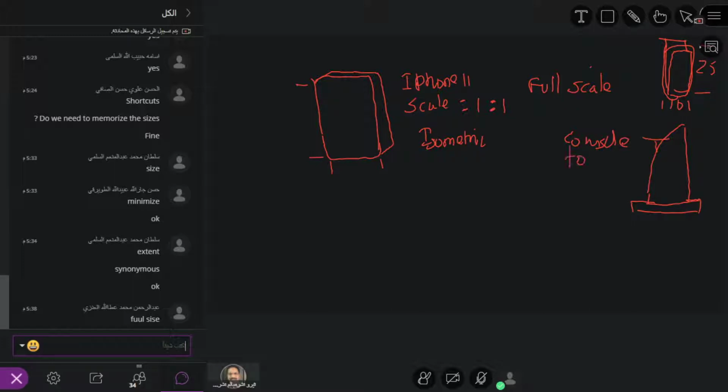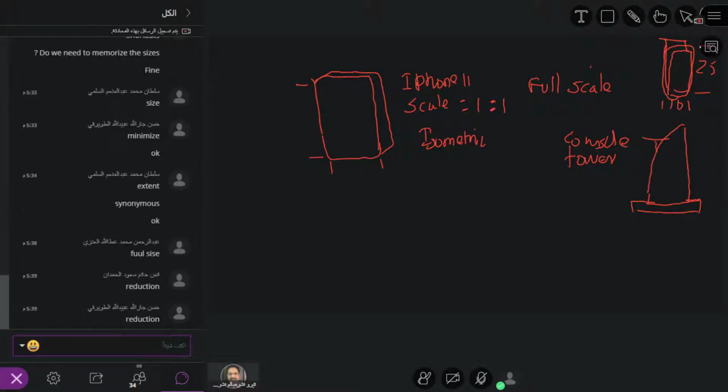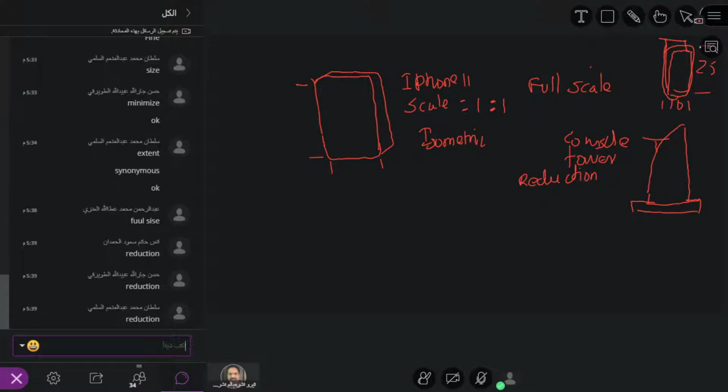So the scale: is it true scale, reduction scale, or enlarged scale? Anyone? This should be reduction scale. Excellent. And how much do I reduce? If the original is 1, then this should be something like 0.0001.